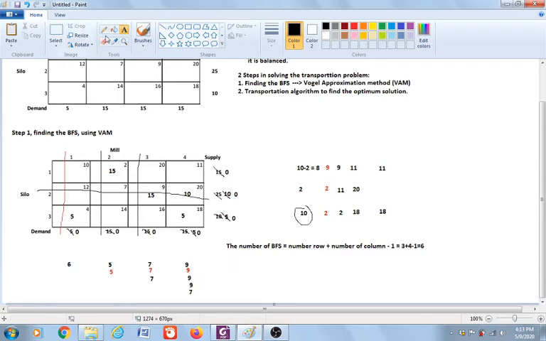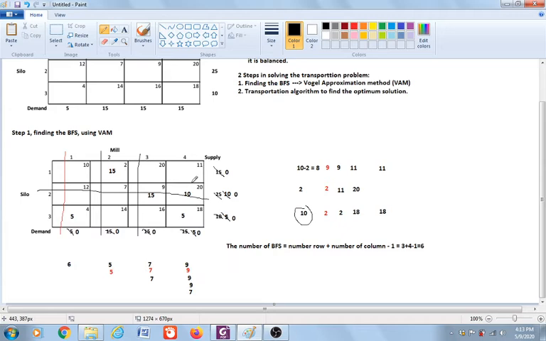Okay, so if I cross this column, so every cell is crossed out. So that means I'm done. But if I do that, then I will just have 5 basic feasible solutions. But if I cross out row number 3, I still have one cell uncrossed out, and that will be the candidate for the 6th BFS.